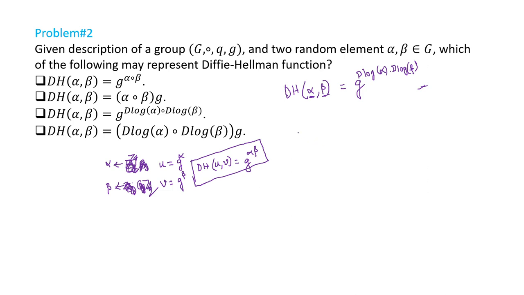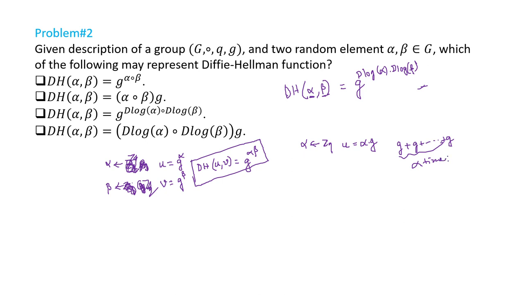And for the additive case, again alpha is chosen from ZQ and U is computed as alpha into G, because for an additive group it is g plus g dot dot dot g, alpha times.